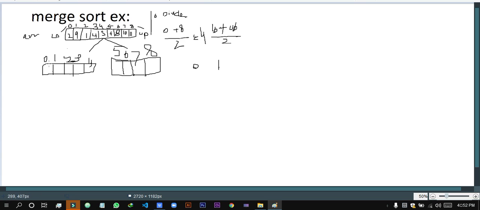So now for 0 to 4, our lower bound is 0, upper bound is 4. 0 plus 4 over 2, our middle position is 2. From 2 we will divide it into two parts: 0, 1 and 2, and the second part is 3 and 4.